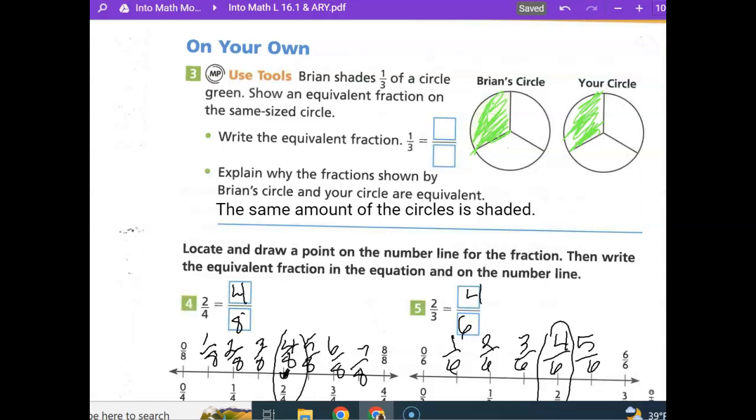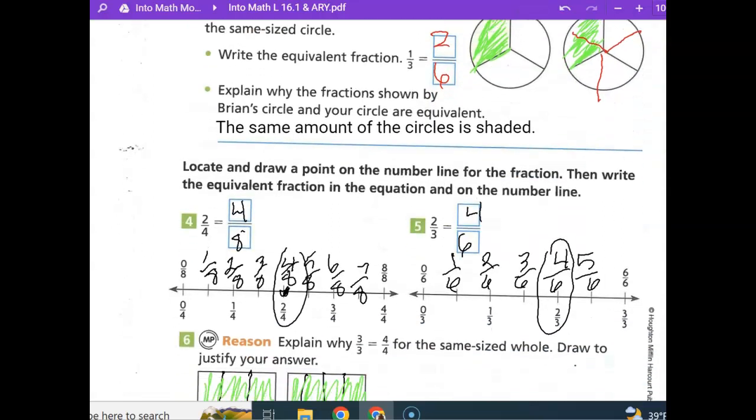Now I'm going to divide it into sixths. Remember, I shaded the same amount. So 1/3 is equal to 1, 2, 3, 4, 5, 6. I made it into 6. 2/6. How do I explain this? Brian's circle and your circle are equivalent. The same amount of the circle is shaded.